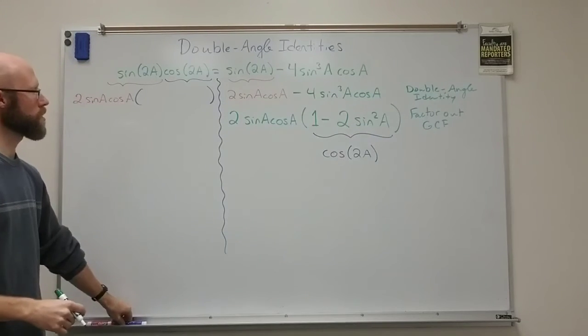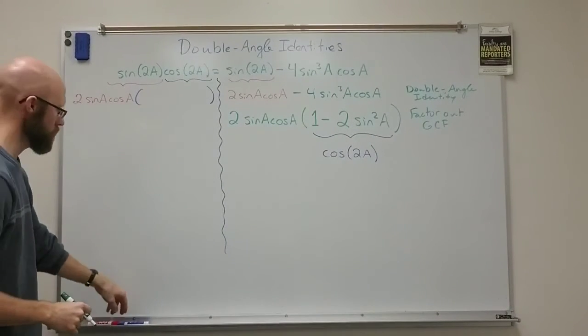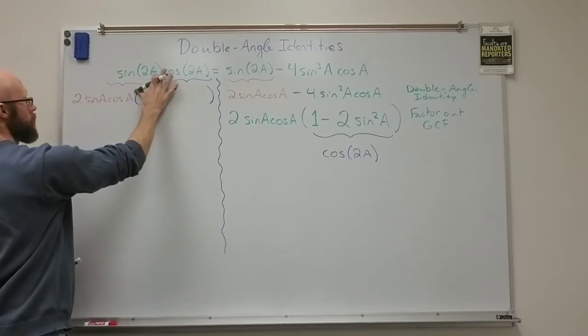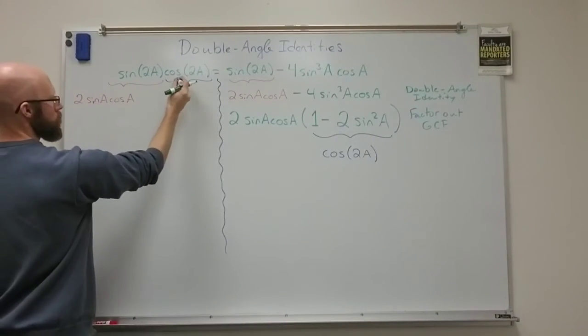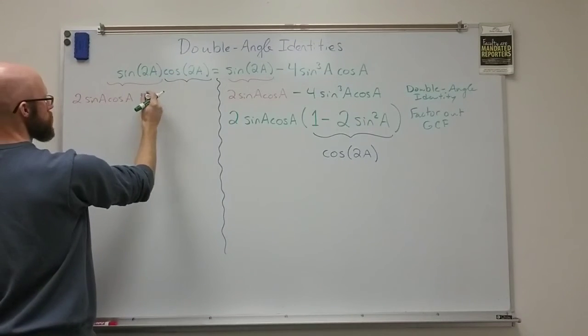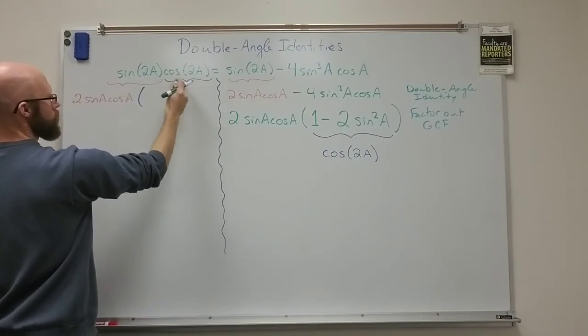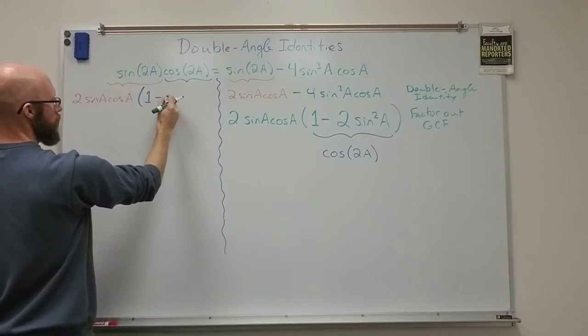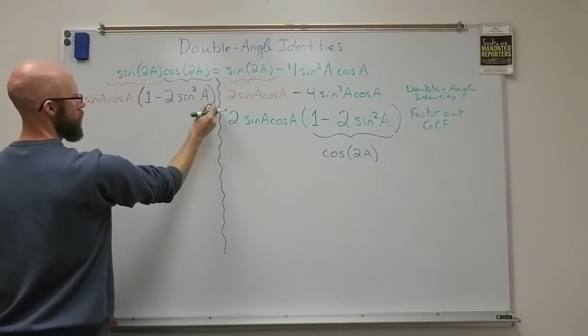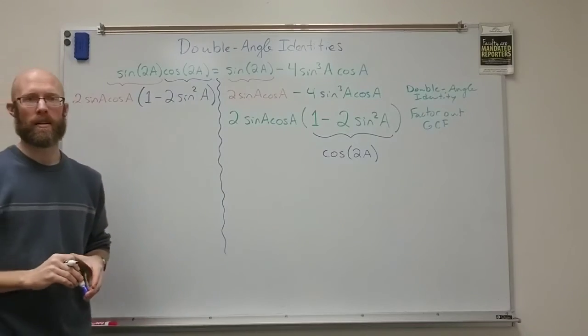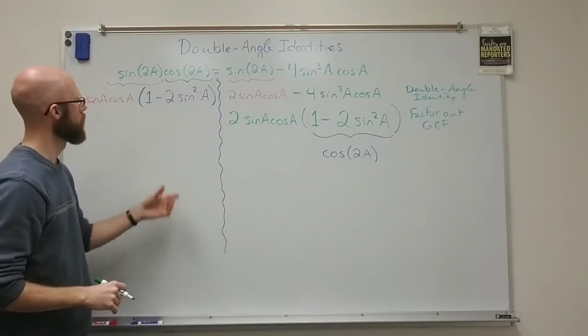So let's do this. In this set of parentheses here, I do need parentheses, don't I? I'm going to turn the cosine of 2a into 1 minus 2 sine squared of a. That's also using a double angle identity. Okay.